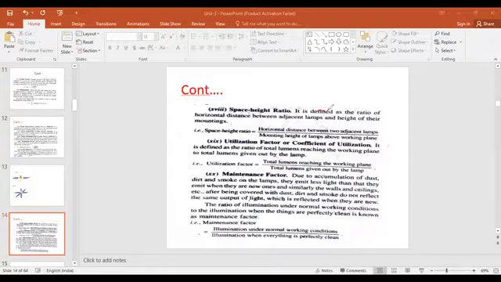So it is defined as the ratio. It is like this: two lamps on the ceiling, and this is the earth surface. So this is the distance between the two lamps, and this one is the earth surface. So what is the height?